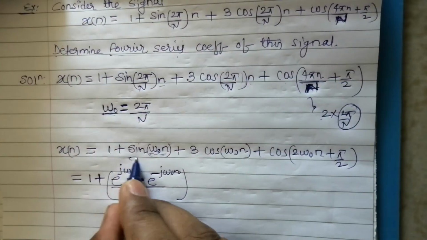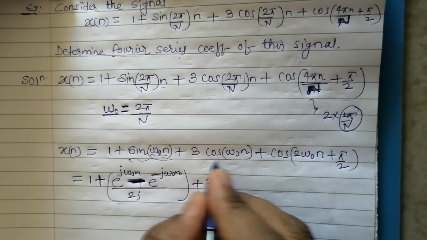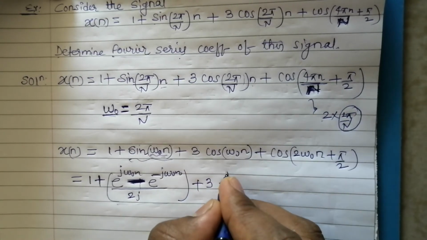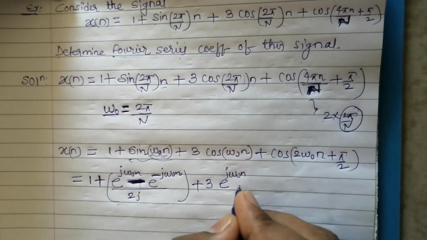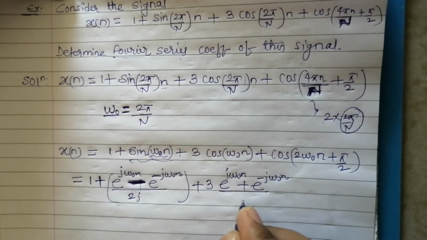So we have expressed this term in terms of exponentials. Next is 3 times the cos term, so e raised to power j omega naught n plus e raised to power minus j omega naught n divided by 2.